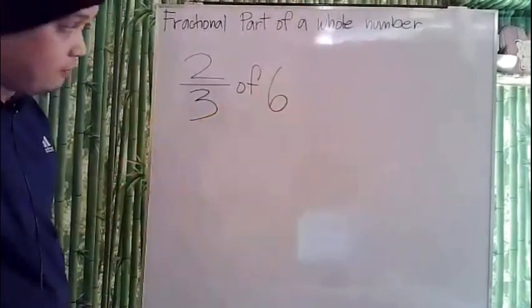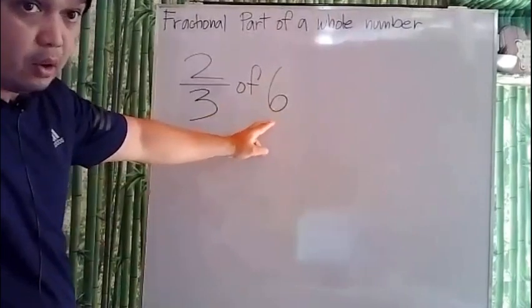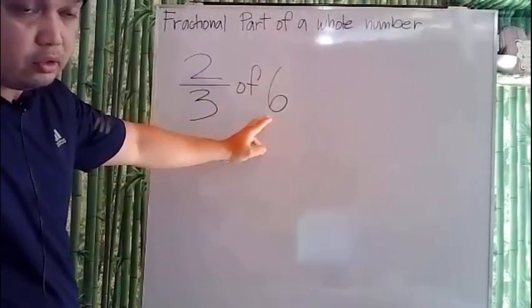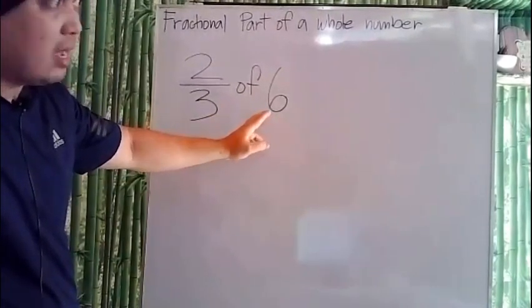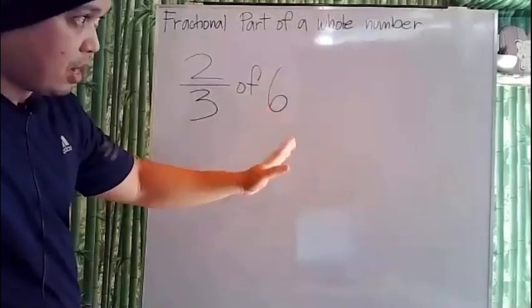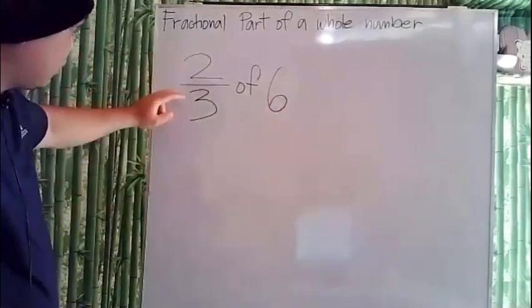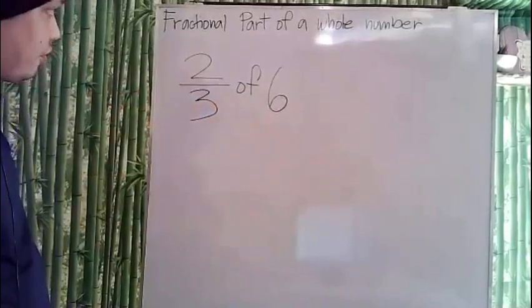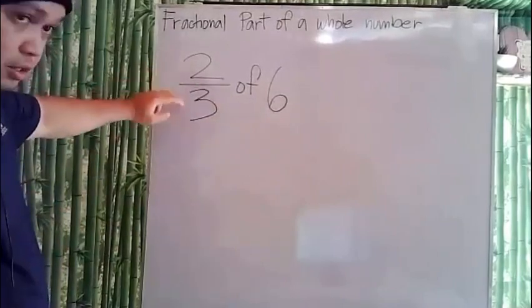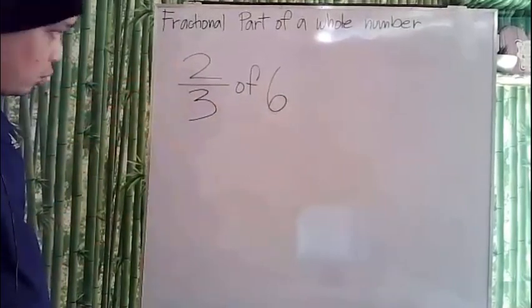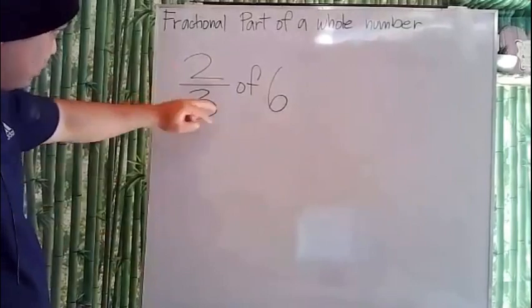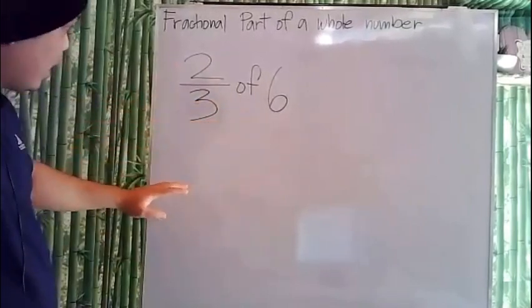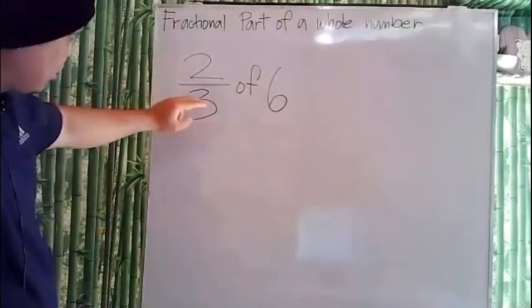So we have 6 here for the whole number. Now we are going to find the part which is two-thirds of 6. So we are going to find the fractional part of 6, which is two-thirds. Now the question is, what is two-thirds of 6?